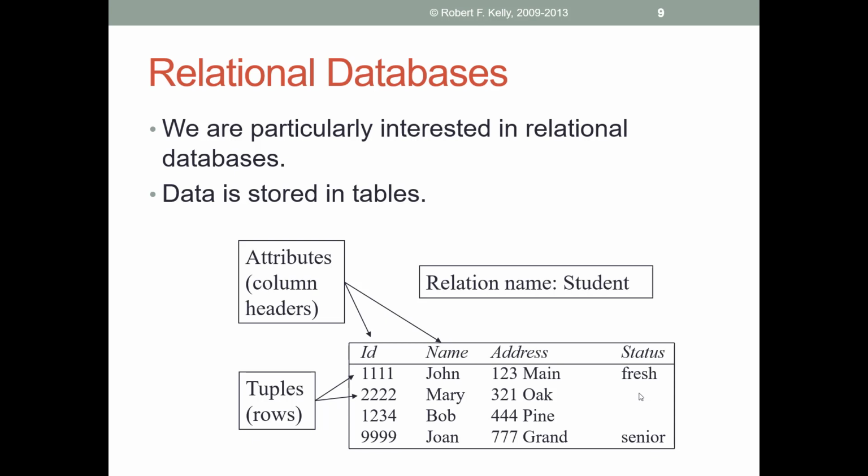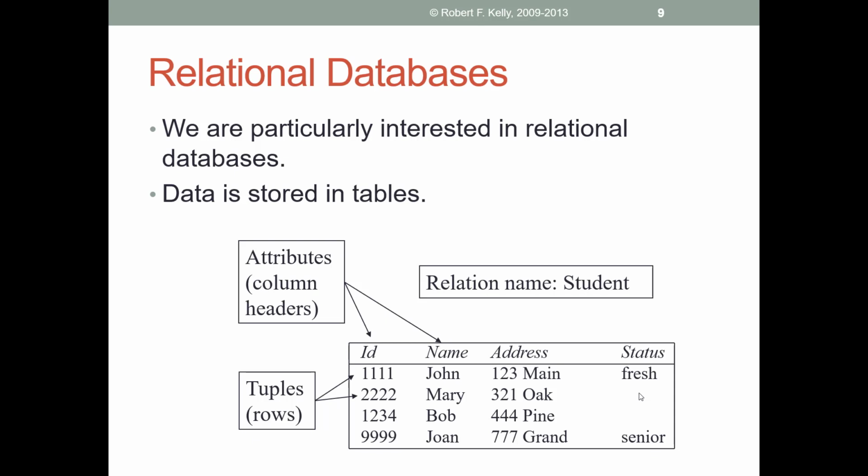This attribute or set of attributes, which is guaranteed to be unique across different tuples, is called the primary key or the identifier.